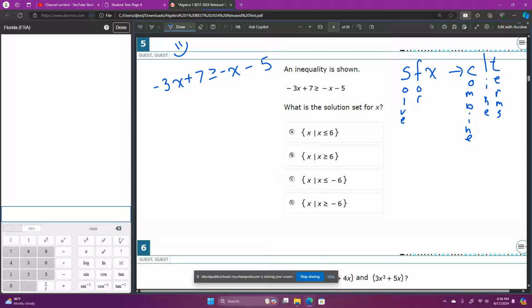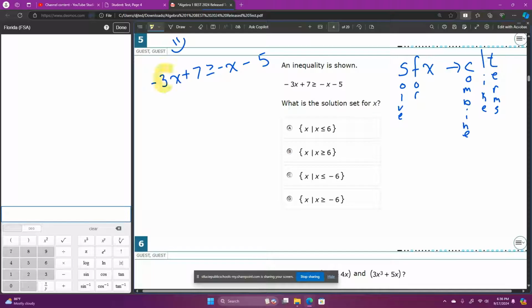So over here, what are our like terms that we can put together, right? This has an x and this has an x. So to combine it, I want to get all of my x's over to one side. So I'm going to add x to each side.